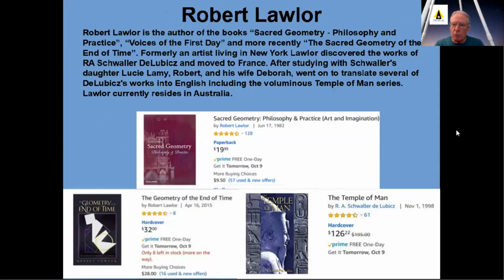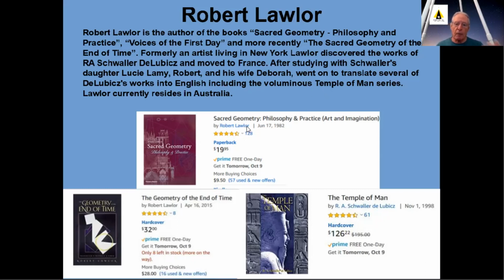Again, a digression, but this is going to be important to understand. I want to give you some information about Robert Lawlor, who's the author of this book, and in particular this specific diagram that we're going to be using as the basis to develop this dynamic model. Robert Lawlor is the author of several books, including Sacred Geometry, Philosophy and Practice.